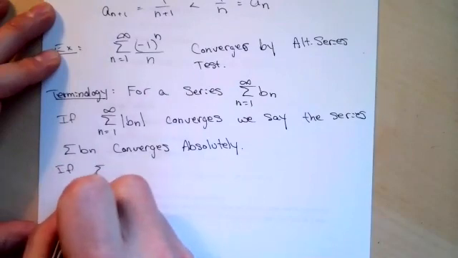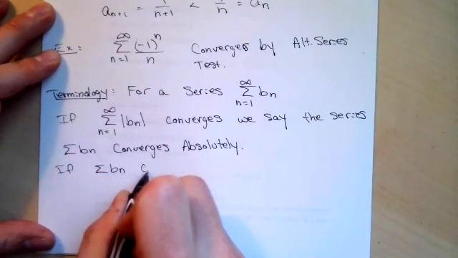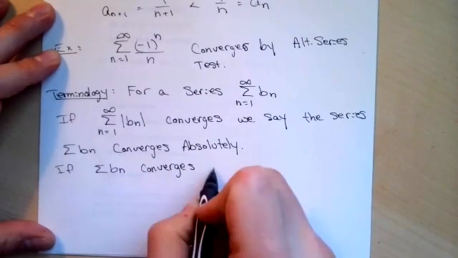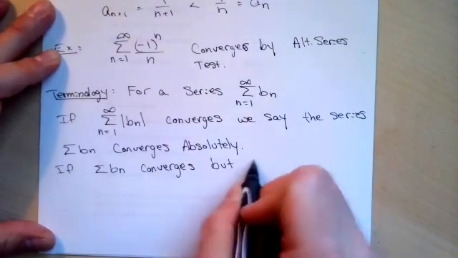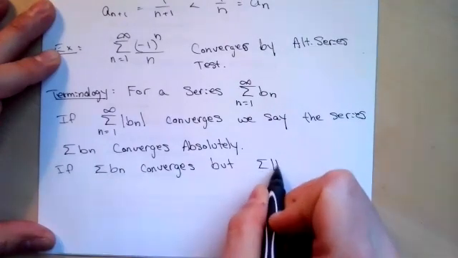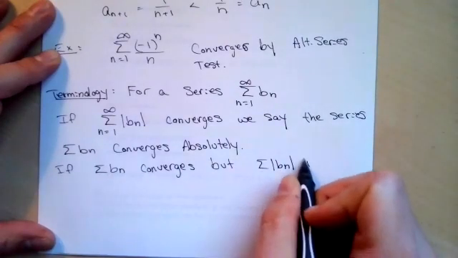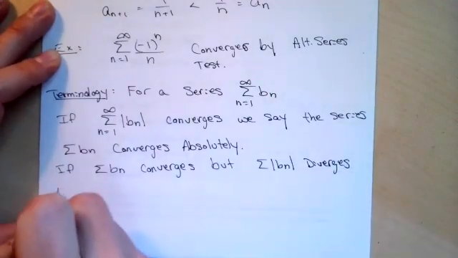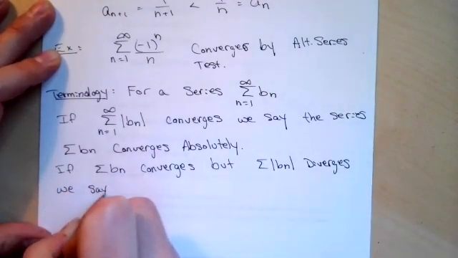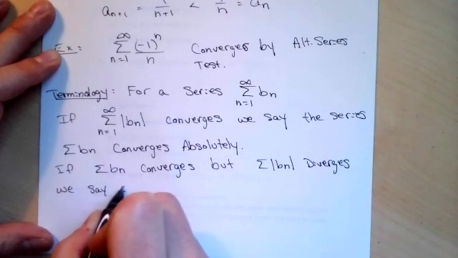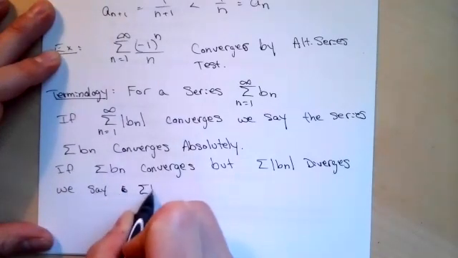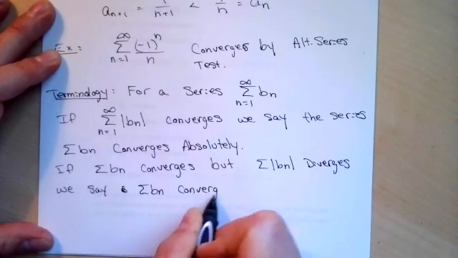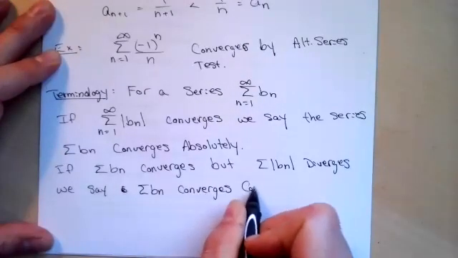If the series converges, but the absolute series diverges, we say the series converges conditionally.